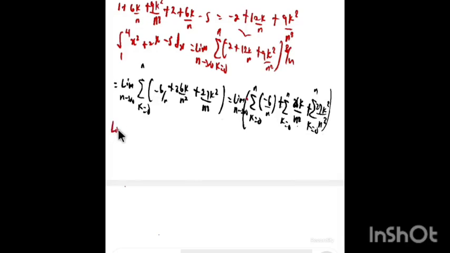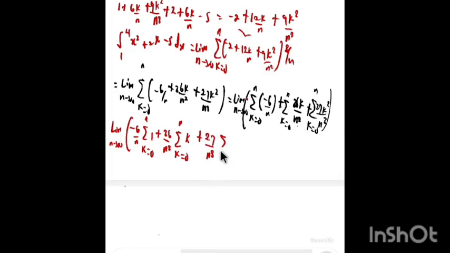So we have the limit as n tends to infinity of negative 6 over n times the sum for k from 0 to n of 1, plus 36 over n to the second power times the sum for k from 0 to n of k, plus 27 over n to the third power times the sum for k from 0 to n of k to the second power.